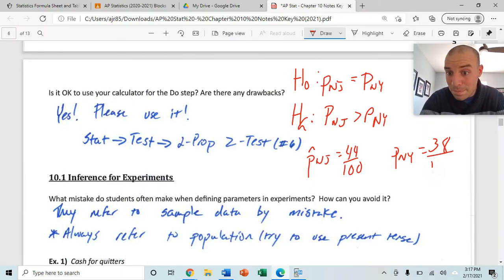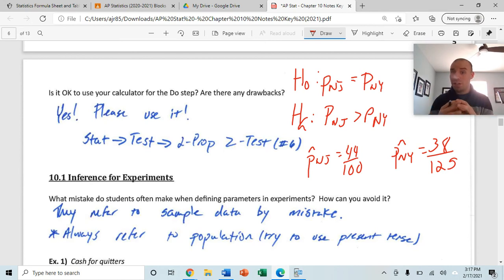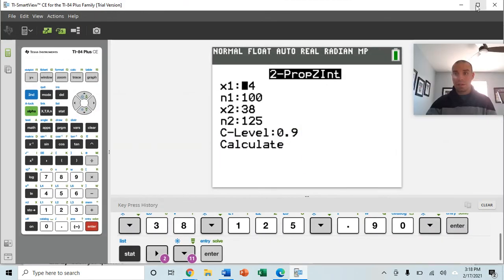So obviously in my sample proportions, the proportion in New Jersey with a dog was higher. But is that strong enough evidence? Is it a large enough difference to then generalize that result to the entire population? So I'm just giving you a quick idea of how this works, okay? We'd write our hypotheses, we would define our parameter of interest, we would define our significance level, we'd check all our conditions, but I want to show you on the calculator where you would go from here.